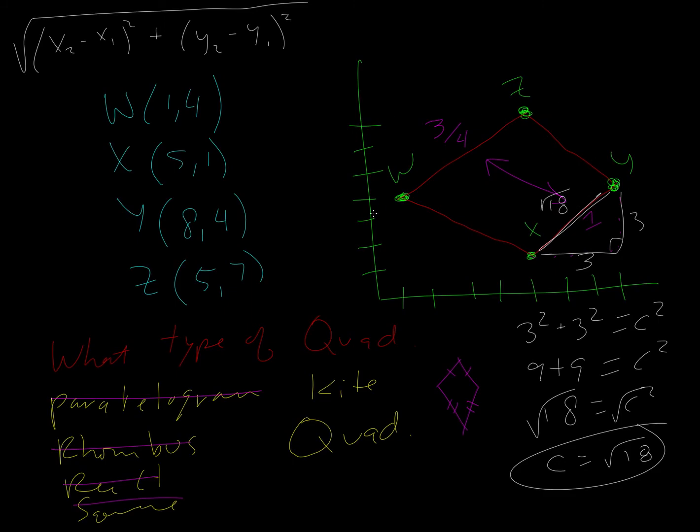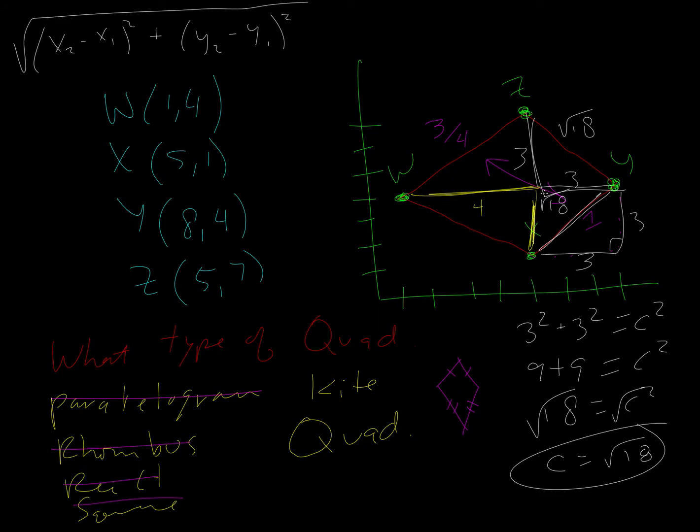Now if we look at this one, we went 1, 2, 3, and we go 1, 2, 3. Since that's the same, 3 and 3, it's going to work out the same. So this is also the square root of 18. So far, it looks like it could be a kite. Now, if we do the same thing here, we go 1, 2, 3, 4, and then 1, 2, 3.